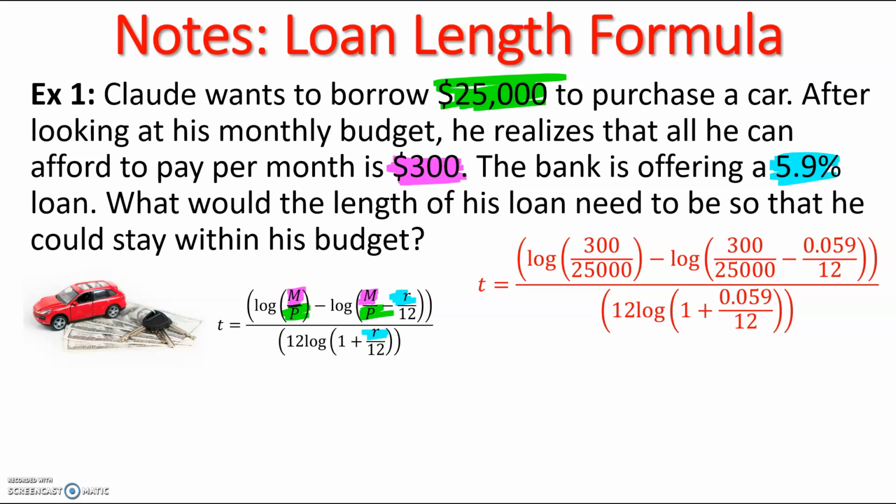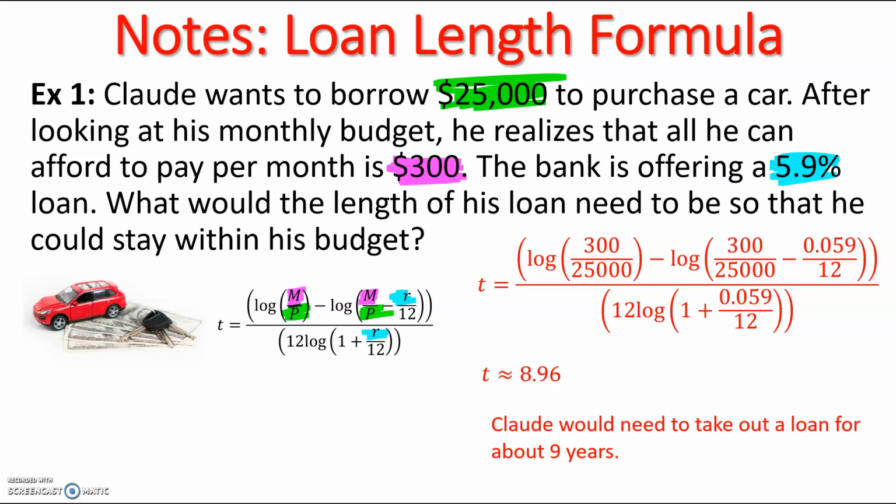I also recommend parentheses around both the numerator and the denominator to clearly identify the separation between those two. Once we calculate this, we get that t is approximately 8.96. So we can say that Claude would need to take out a loan for about 9 years.